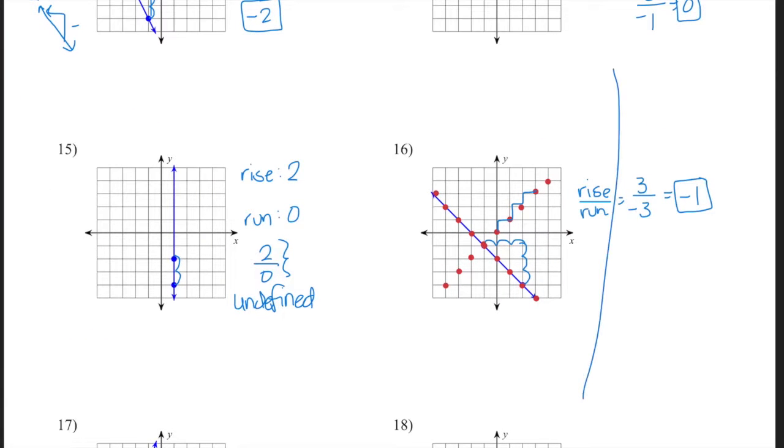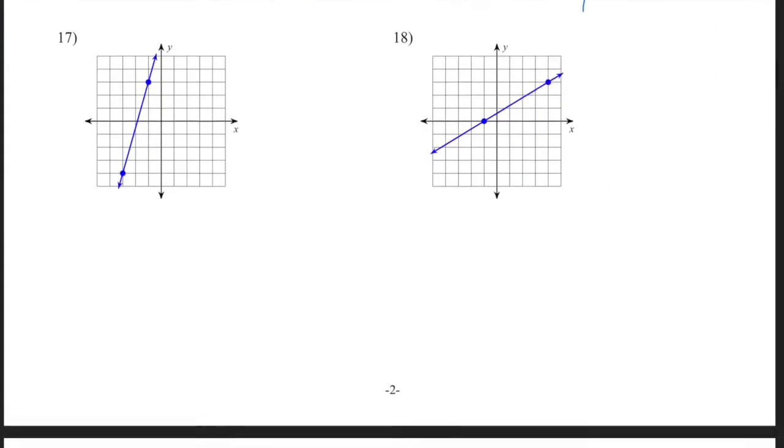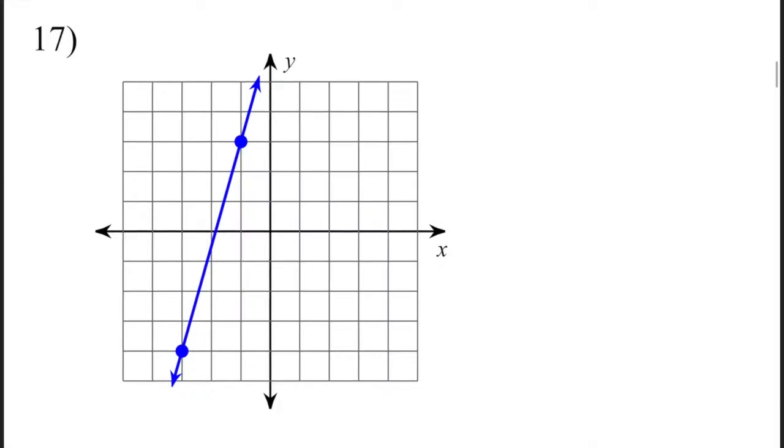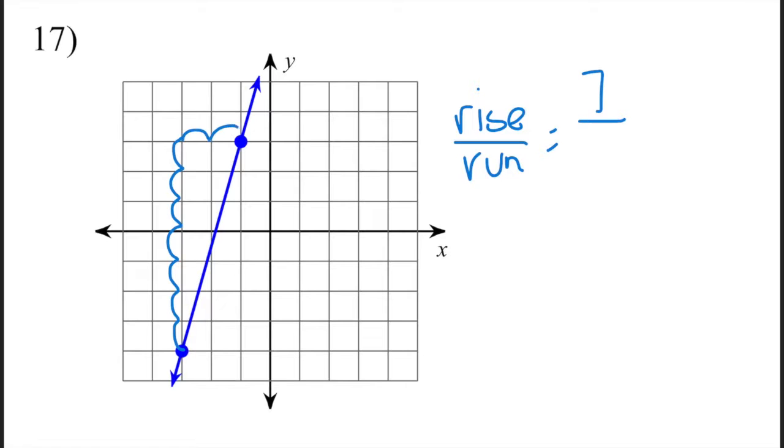It looks like we had a couple more here, so let me enlarge this again. All right, for number 17, rise over run. We're starting at the bottom. We're going 1, 2, 3, 4, 5, 6, 7, and over 2. 7 over 2 can't be simplified.